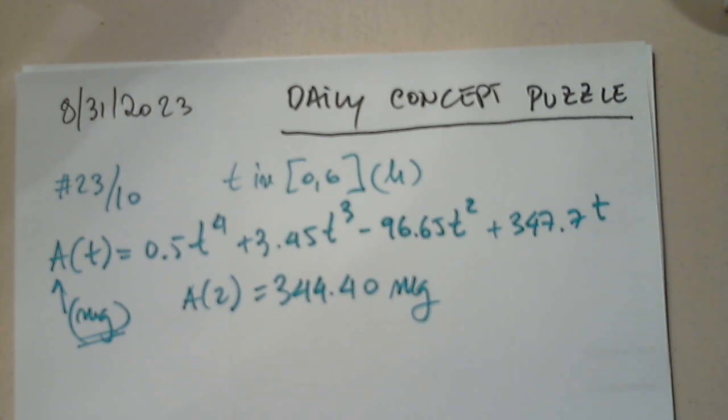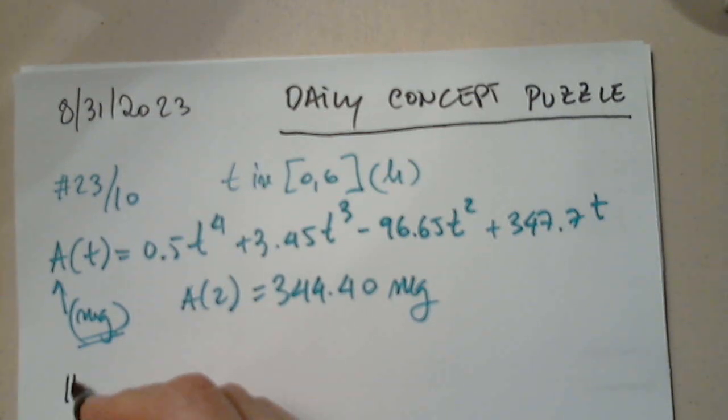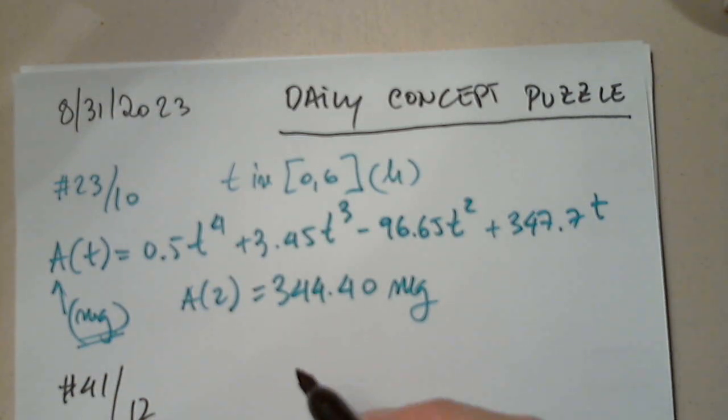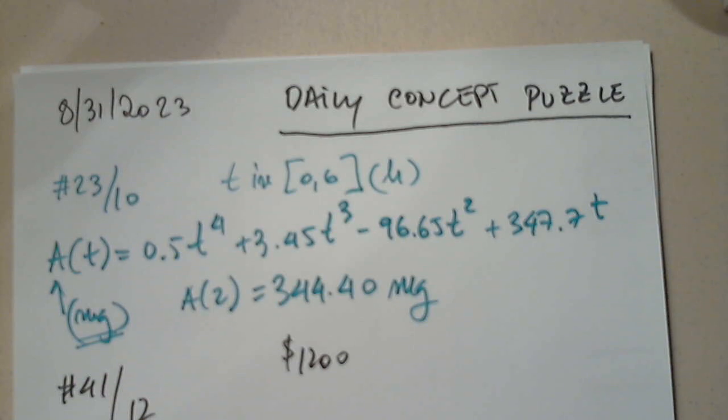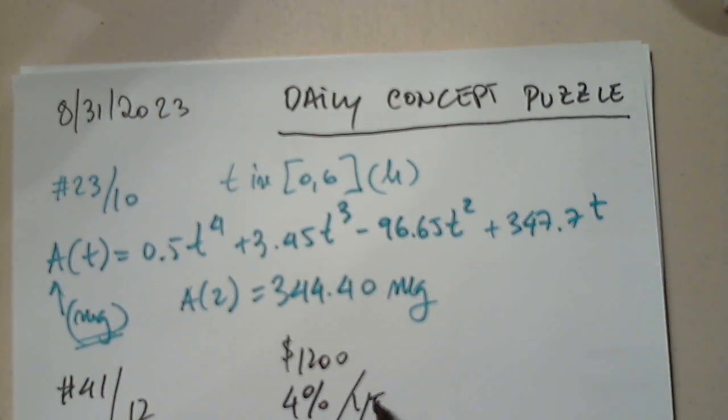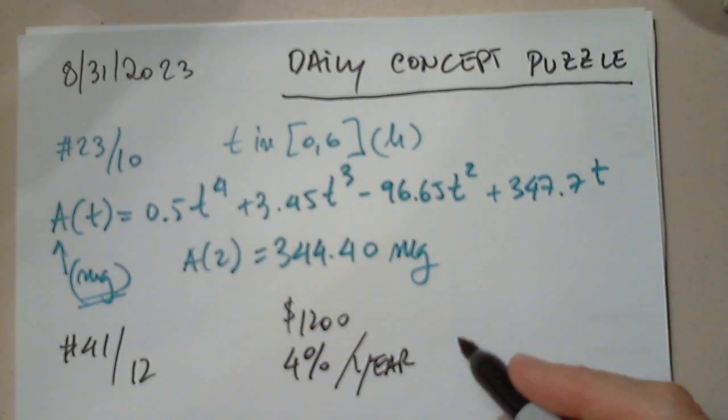Sally makes deposits into a retirement account every year from age 30 until she retires at age 65. If Sally deposits 1,200, so this is 41 on page 12, so 1,200, interest rate 4% per year, compounded annually.